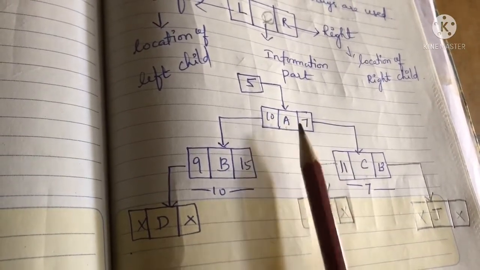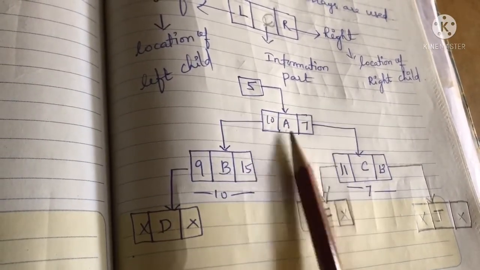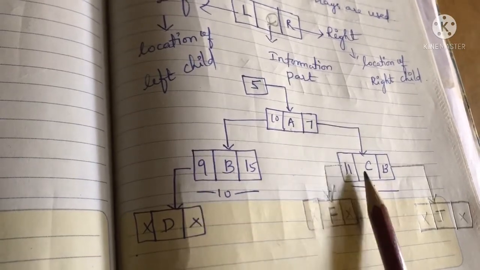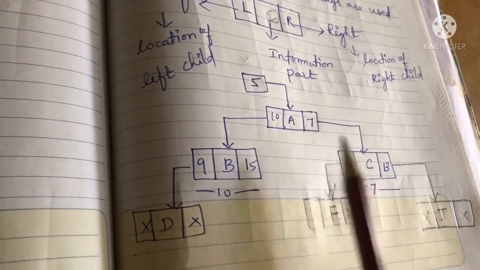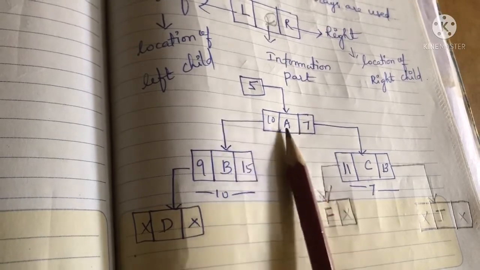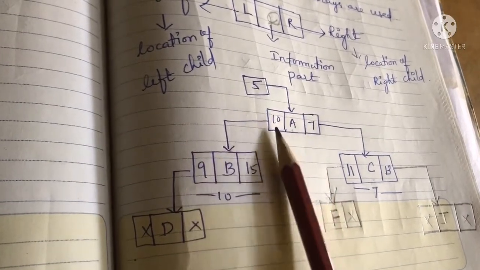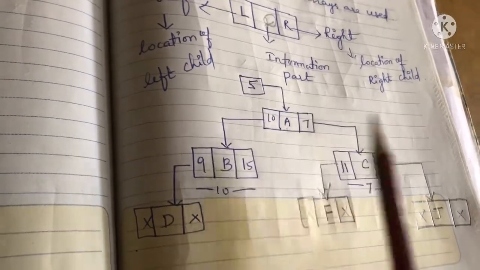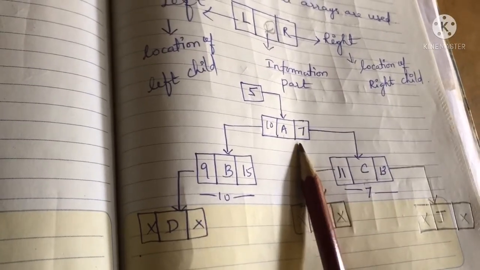The parent node is A, the left child is B, the right child is C, but their locations are: A at the 5th, left child at the 10th, right child at the 7th.